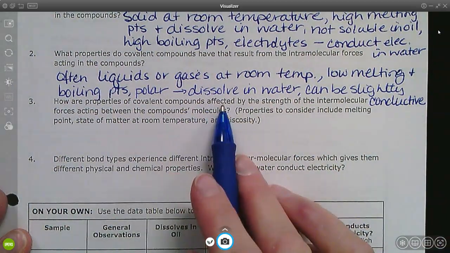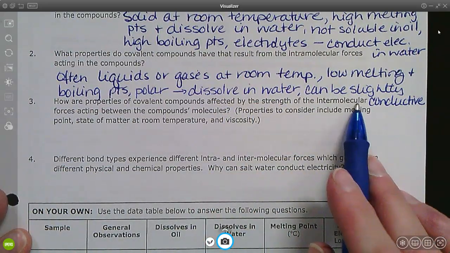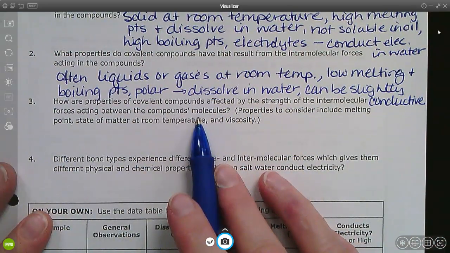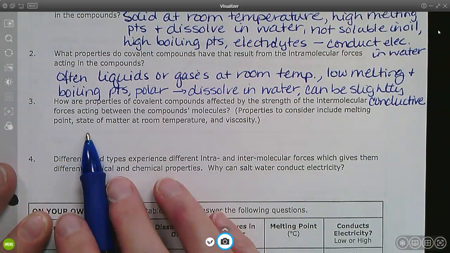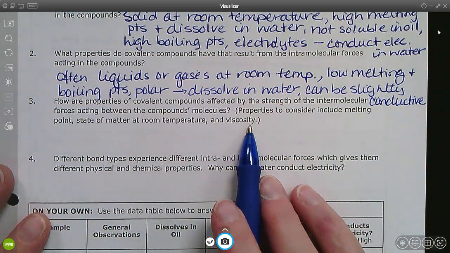How are properties of covalent compounds affected by the strength of the intermolecular forces acting between the compound's molecules? Things to consider: melting point, state of matter, room temperature, and viscosity.